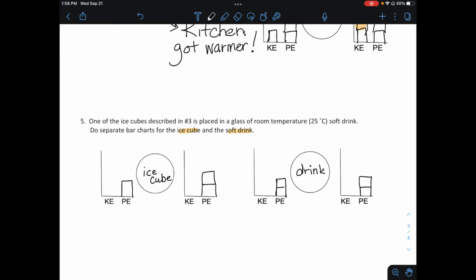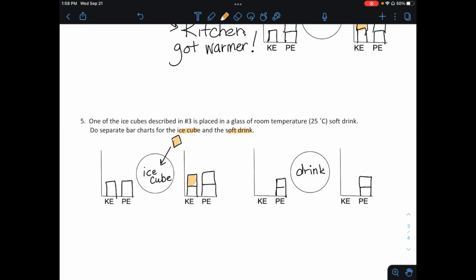What's going to happen to the kinetic energy of the ice cube? Well, the ice cube is going to get warmer. I don't know why I drew it like that. That looks kind of funny. There we go. So I'm going to add a block in. So the ice cube has 1 block that enters it. And that block is right here, that kinetic energy.